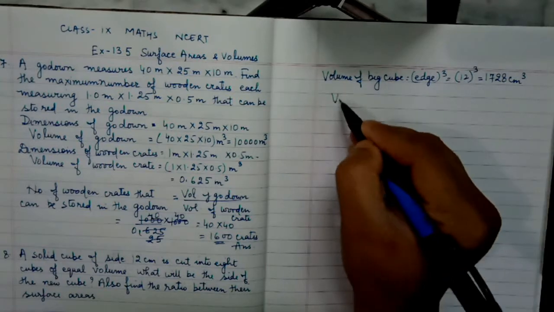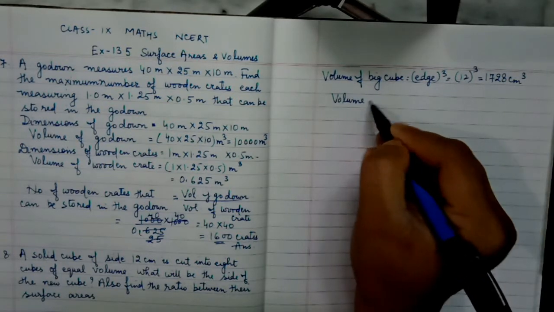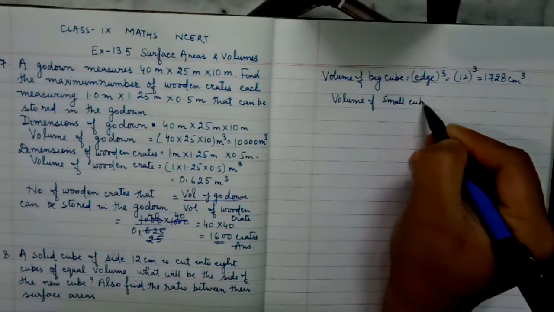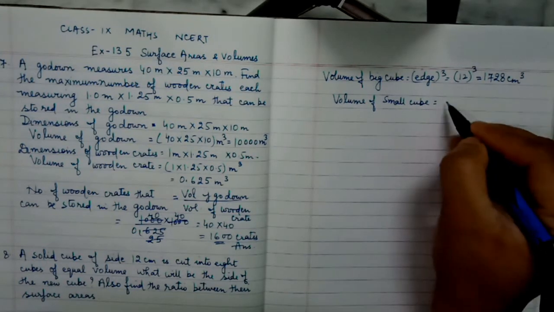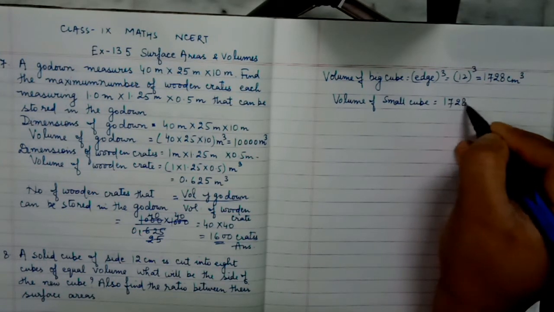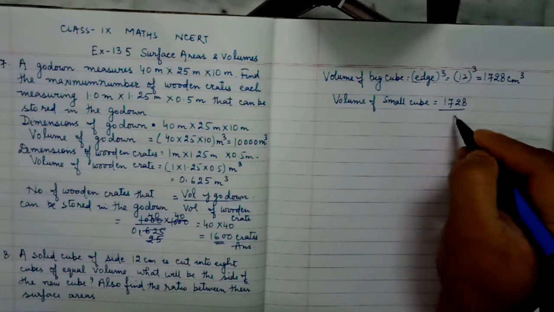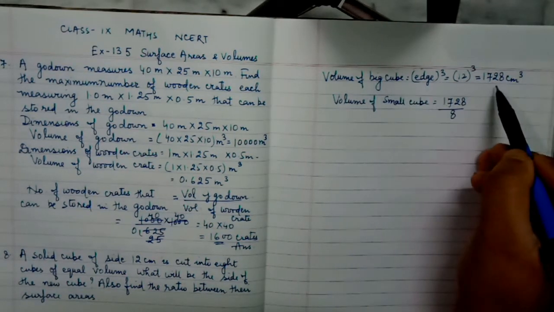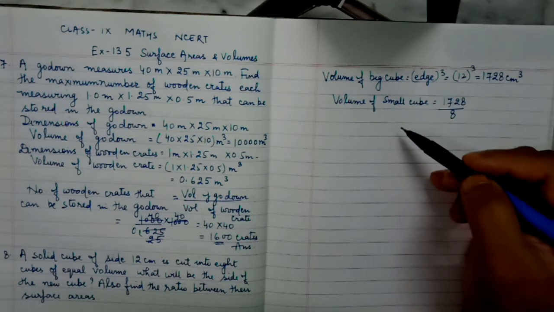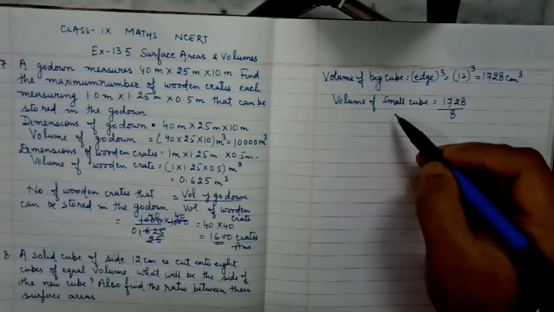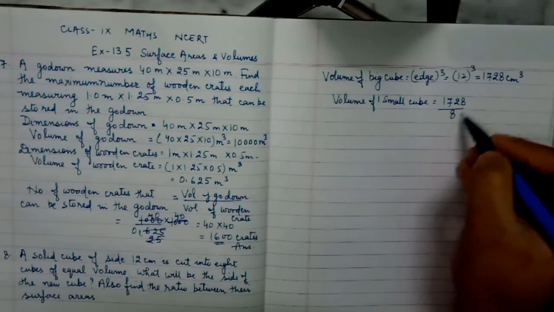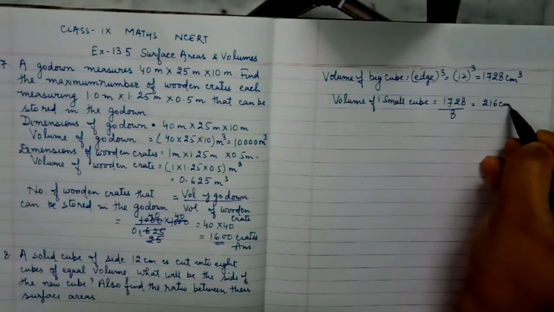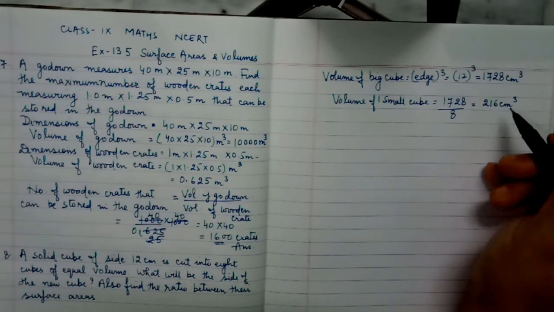Now volume of small cube is equal to 1728, because 8 small cubes were there, so we will divide it by 8. इस वॉल्यूम ऑफ बिग क्यूब निकाली हमने और इस बिग क्यूब से ही 8 स्मॉल क्यूब्स बने, तो वॉल्यूम ऑफ 1 स्मॉल क्यूब विल बी इक्वल टू दिस डिवाइडेड बाय 8, which is equal to 216 centimeter cube.